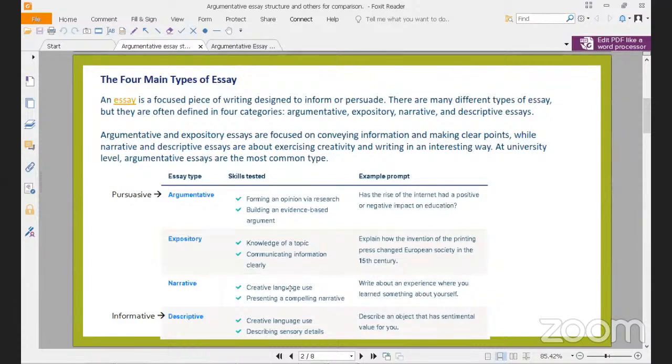Narrative, creative language used, presenting a compelling narrative. Okay. And the example: write about an experience where you learn something about yourself. Okay. Does it have to be necessarily about yourself?